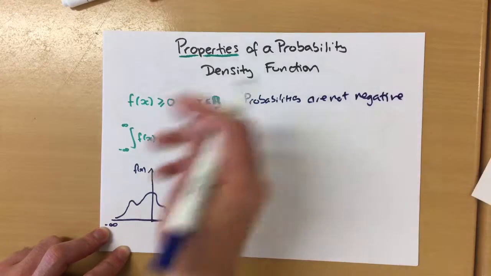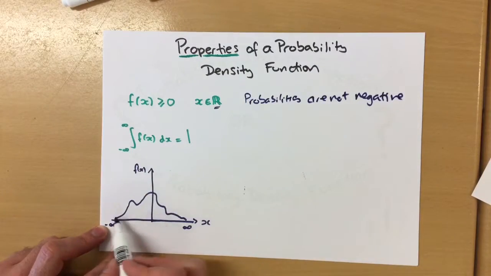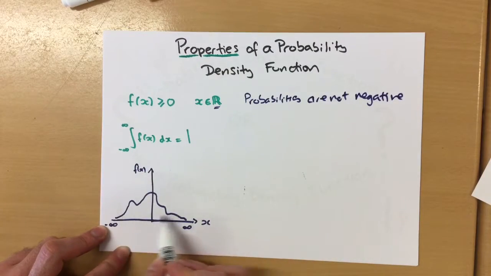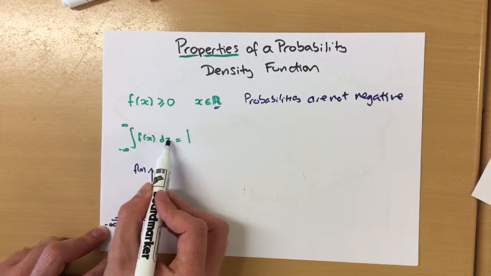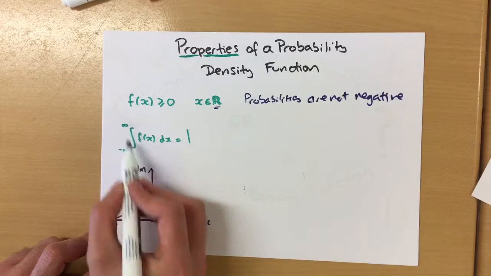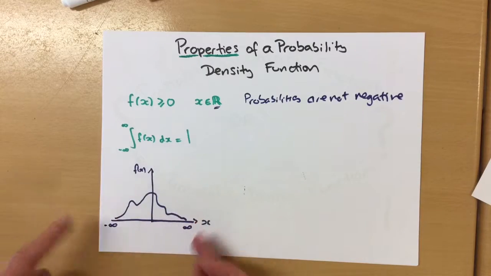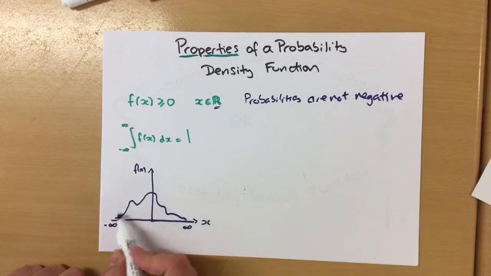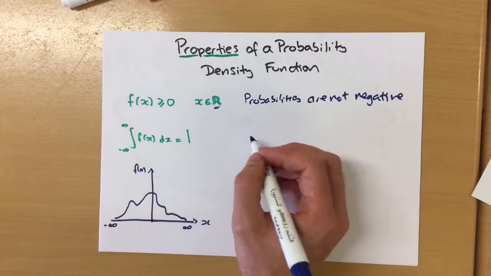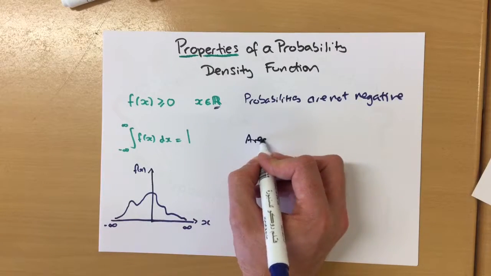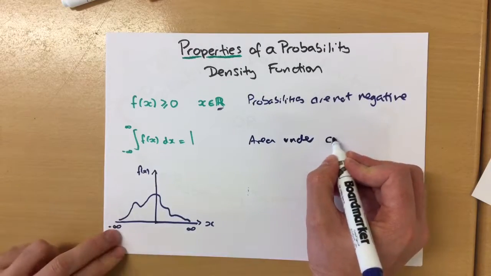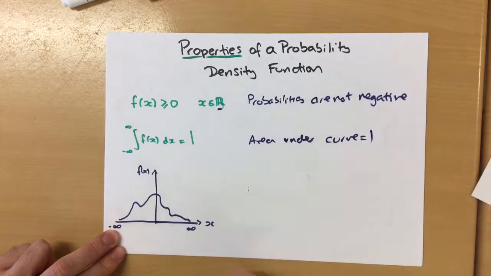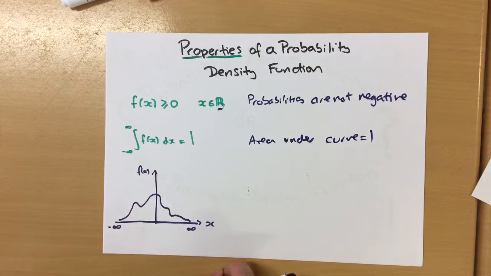You can't have a negative chance of things happening. So your graph will always be above your x-axis. And then we're told that when you integrate the function between infinity and minus infinity, i.e. everything, you get an answer of 1. So the area under the whole graph, under the curve or whatever shape it is, is always going to be 1. These are facts you need to know for the next bit.